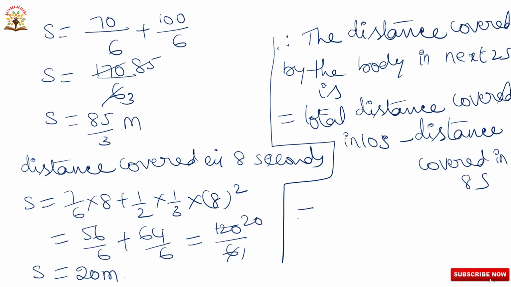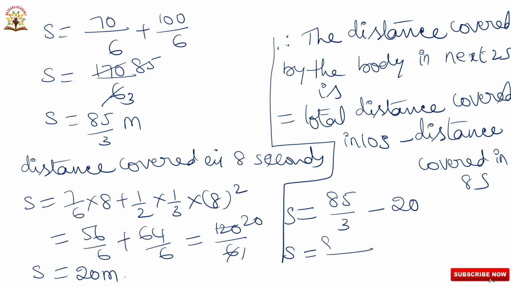So just now we calculated the total distance covered in 10 seconds is 85 by 3, minus the distance covered in 8 seconds, which is 20. So that is equal to 85 minus 60.